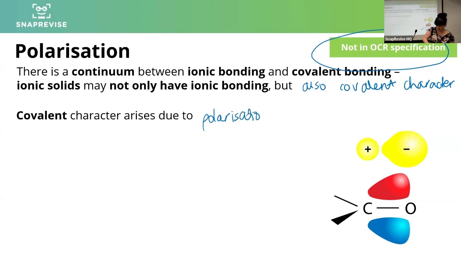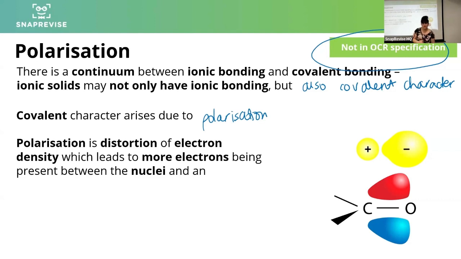Polarization, what is it? It is a distortion of the electron density, which leads to more electrons being present between the nuclei rather than just around the nuclei. We can get them between the two nuclei. It means there is overall a stronger bond.